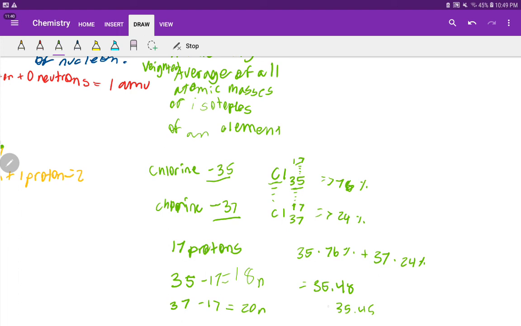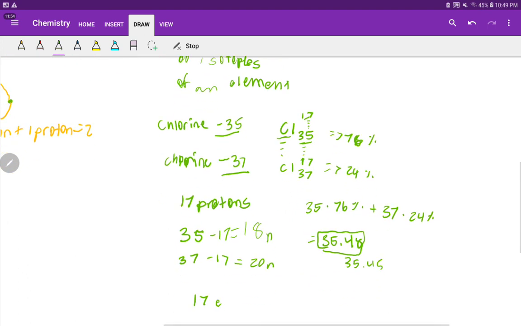Thus, we can see that this weighted average is pretty accurate. Of course, we didn't include some other isotopes or more decimal places, but this is very good for our standards.